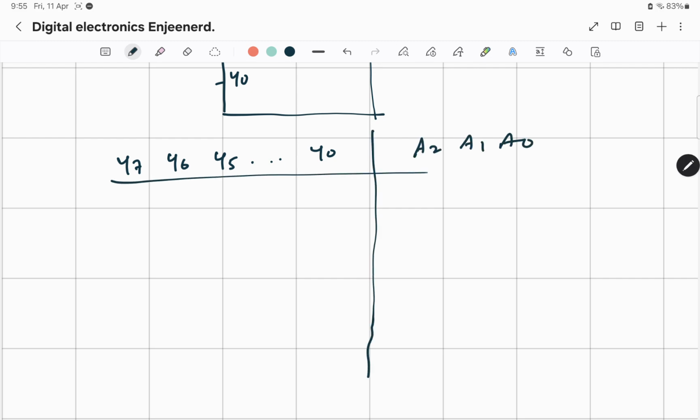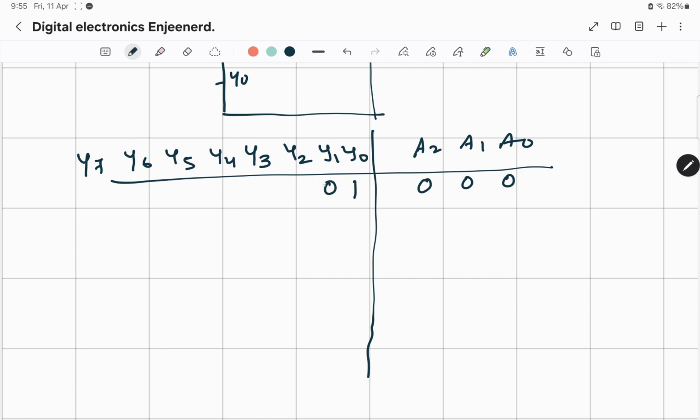So at a given point of time, only one input is going to be 1. So for this to be 1, my output is 0 0 0. All other are 0. Rather, I'll write it properly. y7, y6, y5, y4, y3, y2, y1, y0.